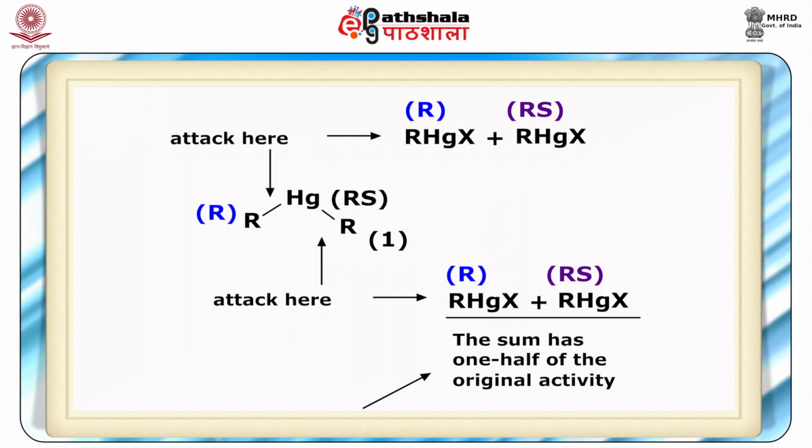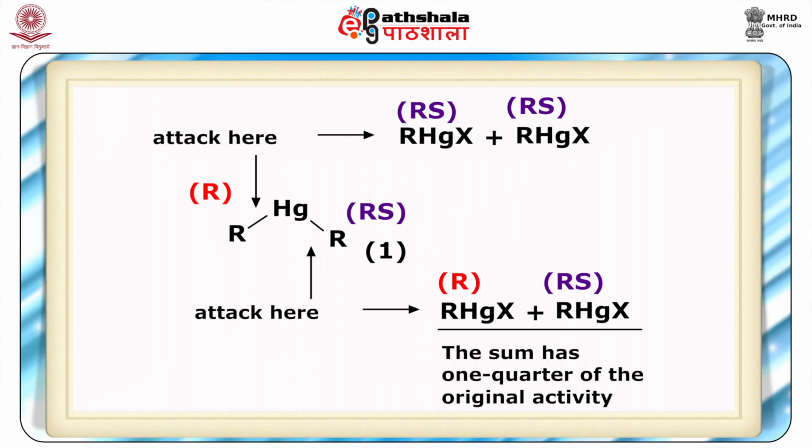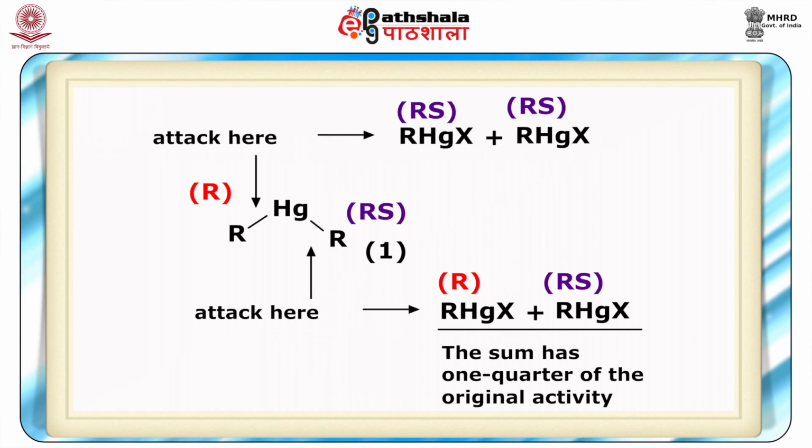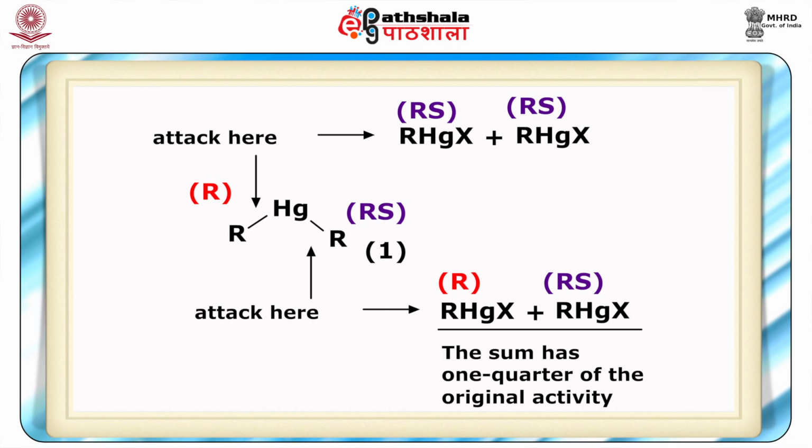If we consider case C, that is racemization, then the attack happening here gives you RS and this component gives you RS. Similarly, if the attack alternately happens here, then again we get R plus RS. So, the sum has 1/4 of the original activity.